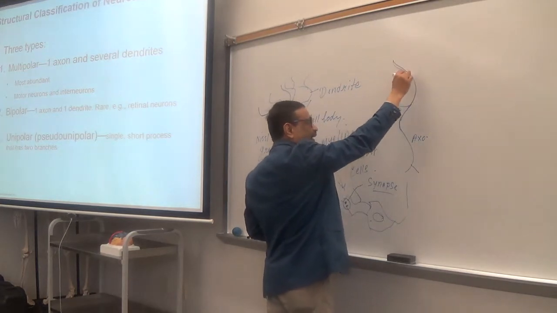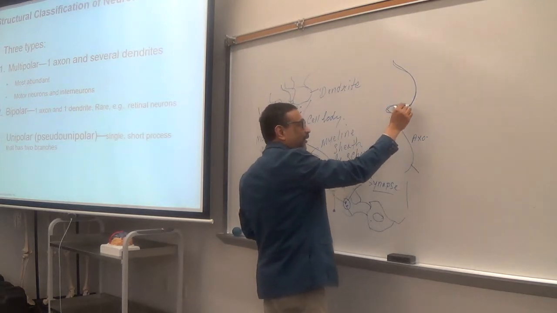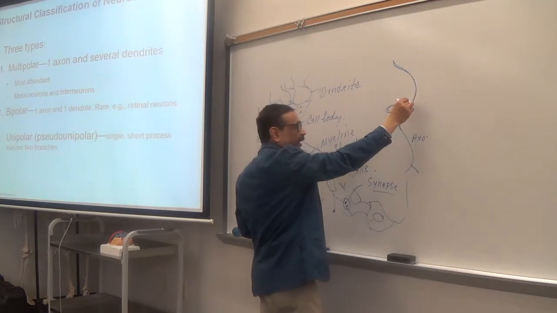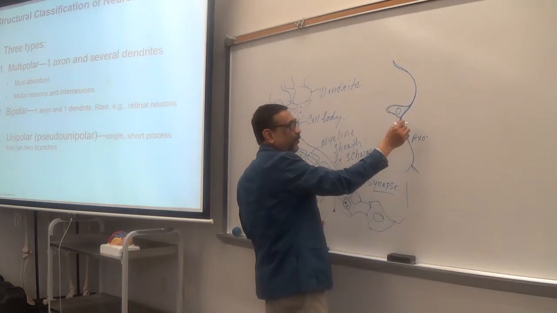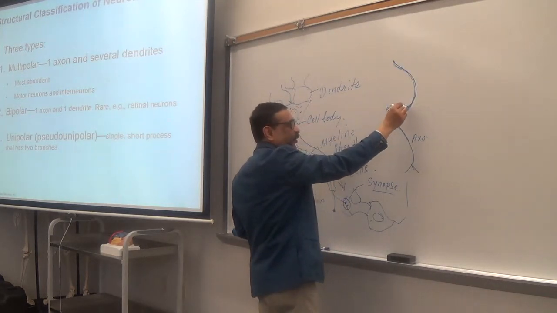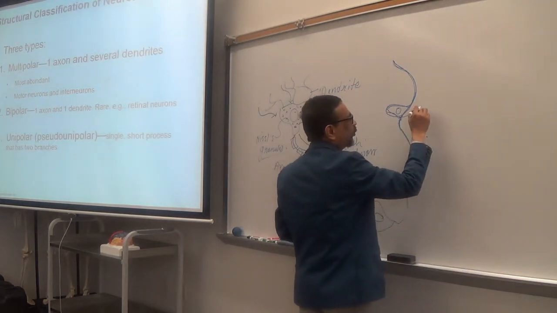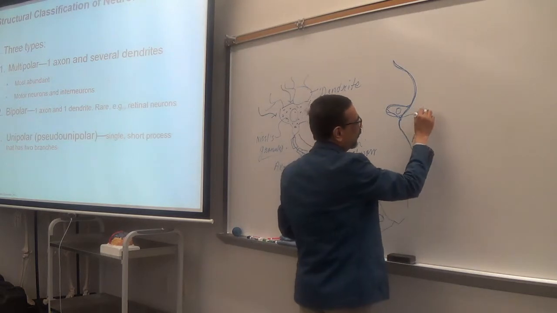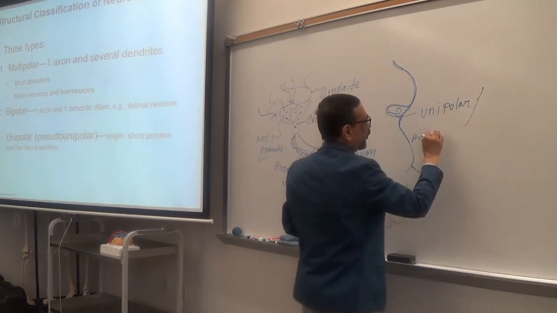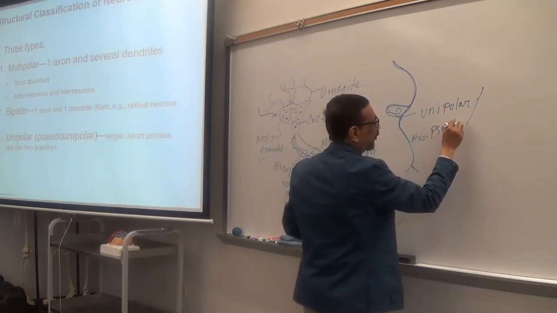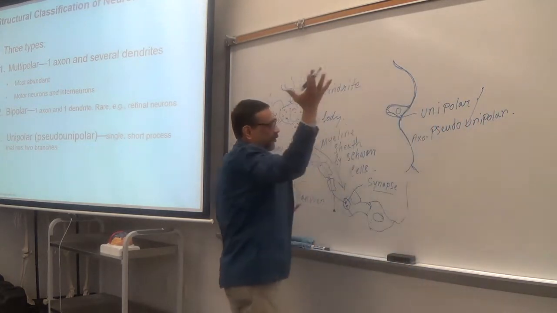So this is actually a single axon, and the cell body is attached to the side of the axon somewhere. Someone may think this is a dendrite and this is an axon, but no, this is only one axon and the cell body is attached to the side. This type of neuron is called unipolar or pseudo-unipolar. Uni means one. That means only one axon, only one process.